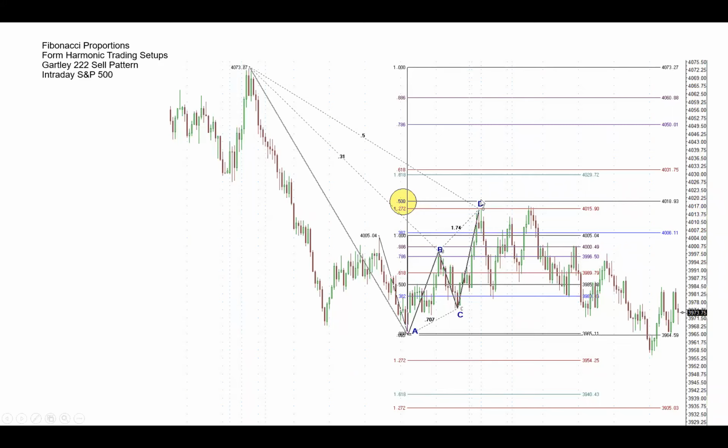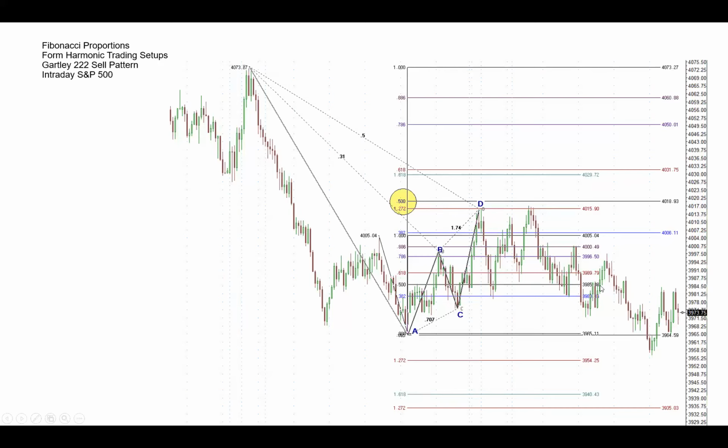Now we see the market hits that resistance and it declines, does about a 0.618 retracement from A to D. So for profit taking, you can design a trading plan using retracements. And then it forms another A, B, C, D sell pattern, retesting that 0.50 level, that 1.27 level, and then gets another decline from there.